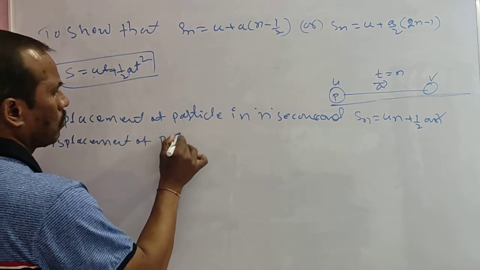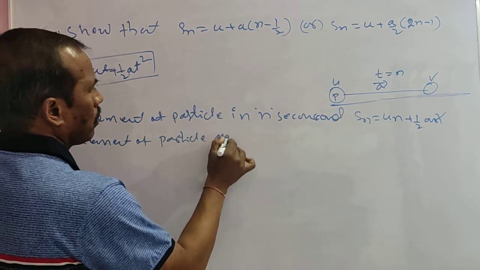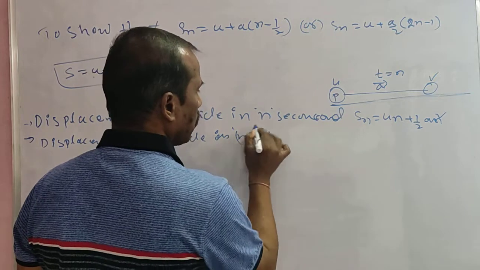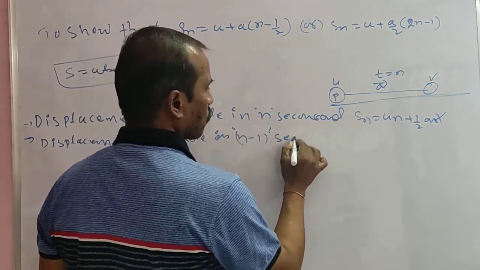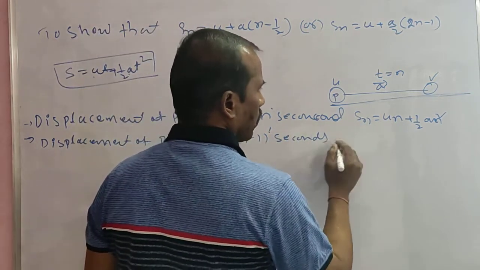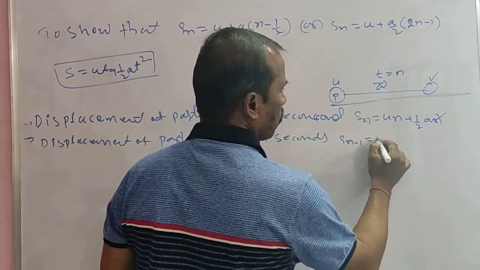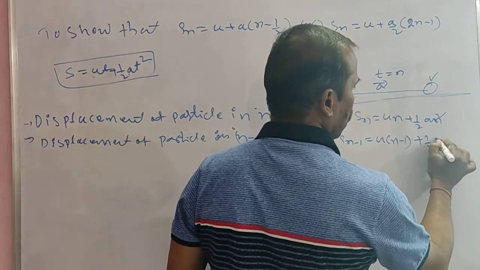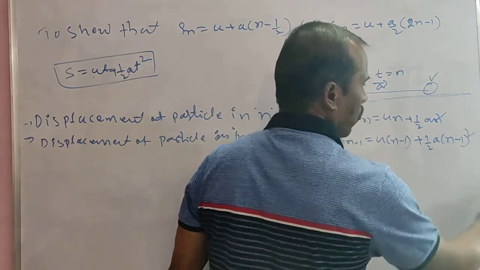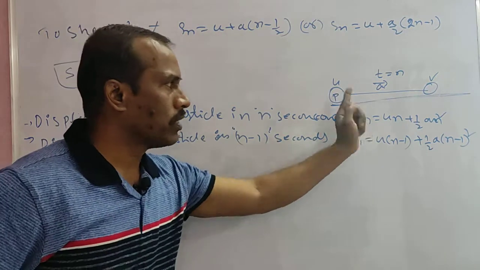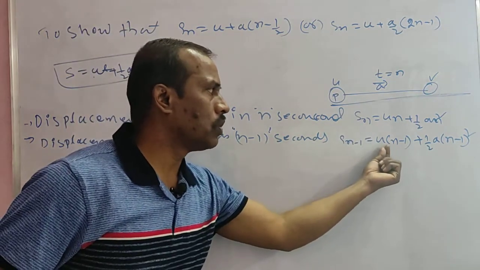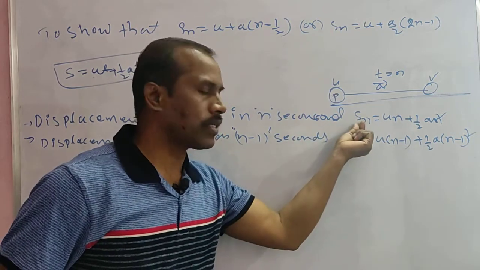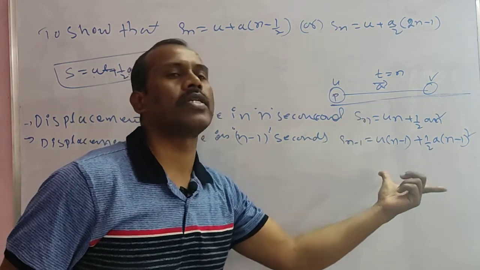Here Sn minus 1 is equal to u into (n minus 1) plus 1 by 2 a into (n minus 1) square. So Sn is the displacement in n seconds, and Sn minus 1 is the displacement in n minus 1 seconds.